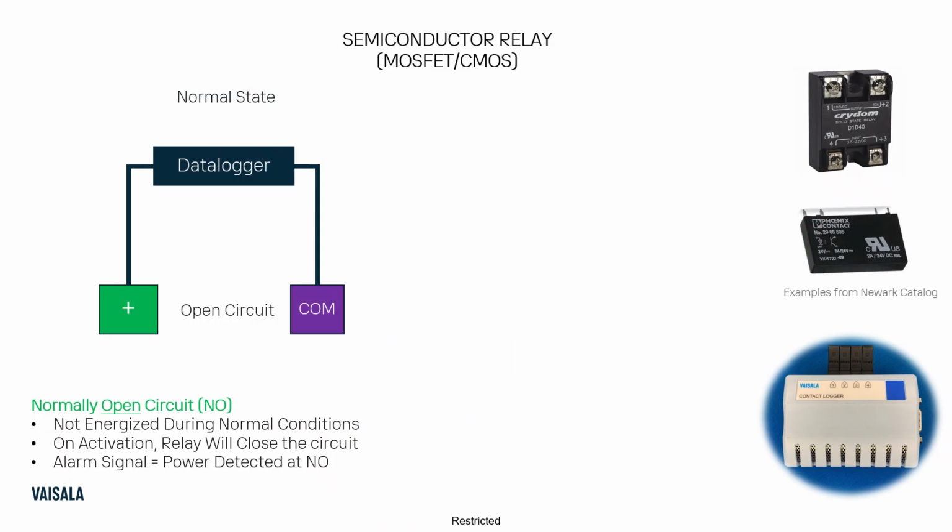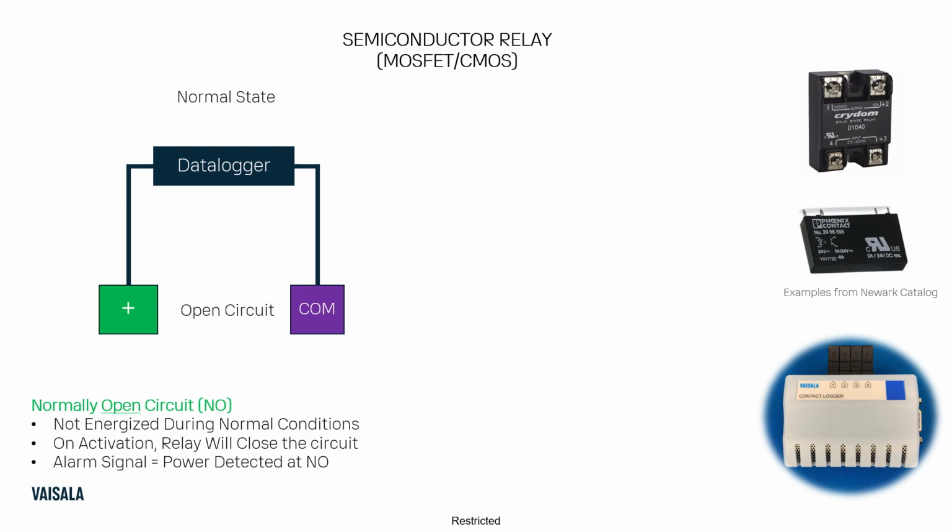Now there's another type of relay that's out there. This is a semiconductor or solid state relay. There's a couple of different types of chips that are inside of here, MOSFET, CMOS, but they all do basically the same thing. You connect the data logger to one of 2 terminals, and a lot of times these are going to be polarized.